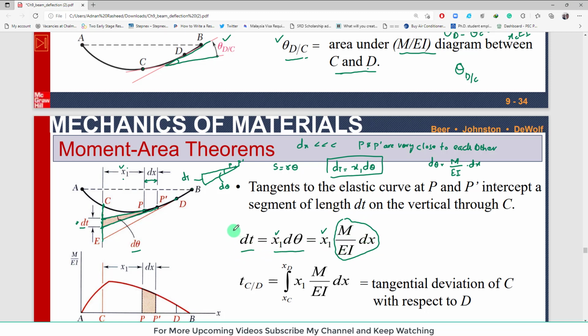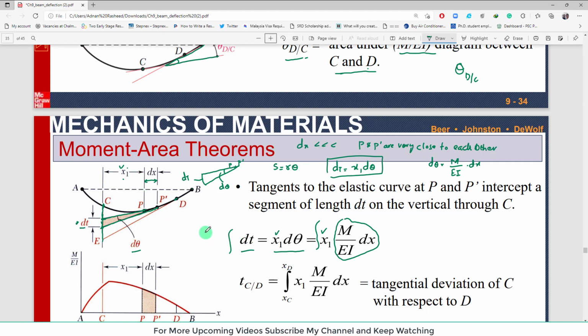So again, we integrate it on both sides, from x1 to x. We are generally interested in finding the slope and deflection from point C to D, or of point D with respect to point C. So again it will be from xc to xd on both sides.